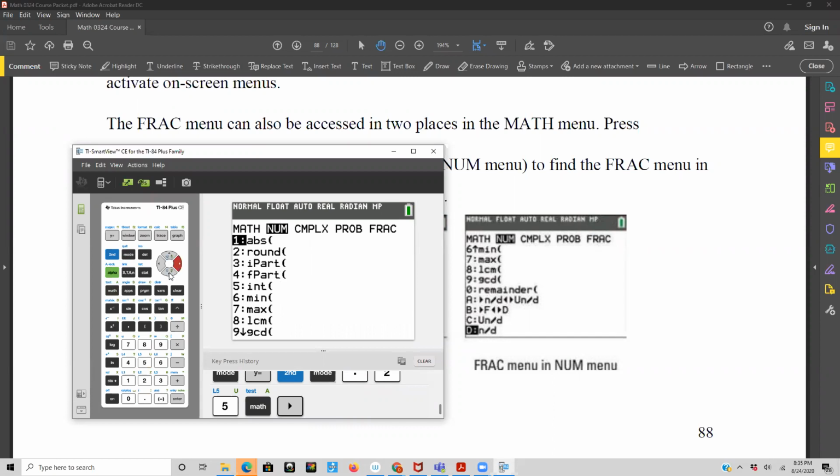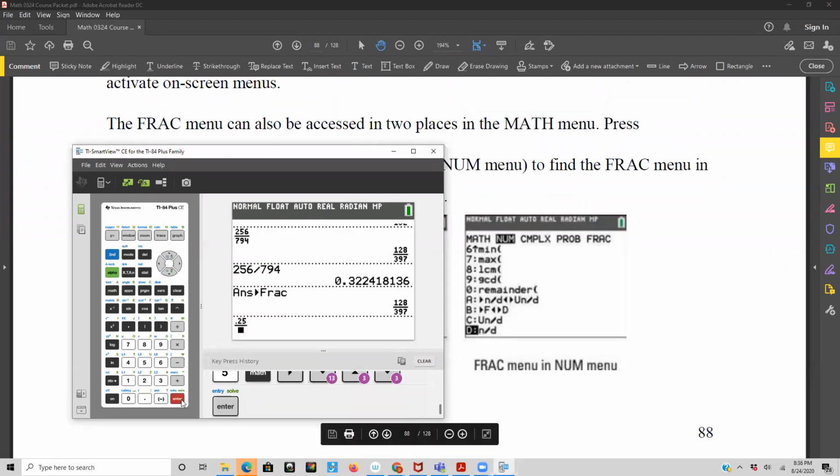And let's see if I can find N over D. There it is. All right. So again, these are the same things in that hidden menu. This converts something to a mixed number. I don't want that. Fraction to a decimal. Mixed number. I want N over D. All right. Oh, no, that's not what I want. Okay. So, sorry. Do the N over D first.